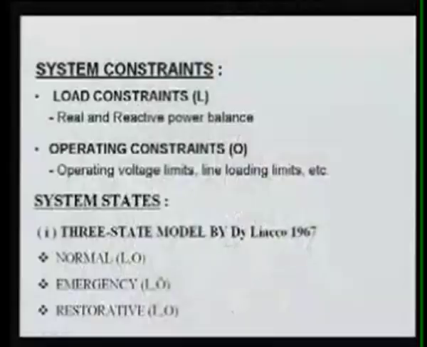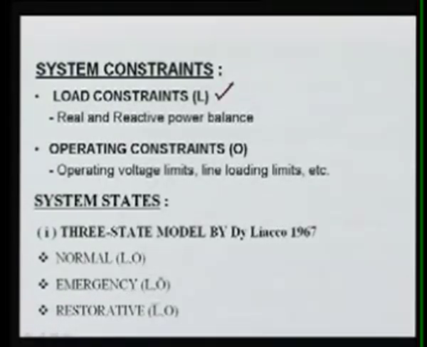That means constraints related to your voltage limits, also known as operating limits. In terms of line flow limits, they must be well within limits. And the other is your inequality constraints, that is, related to the operating limits of the system. Here we can see the system constraints, which we can classify as load constraints.